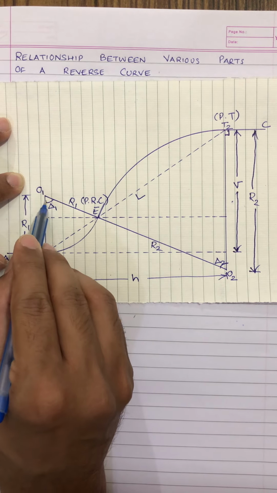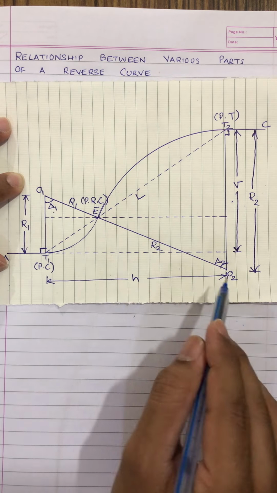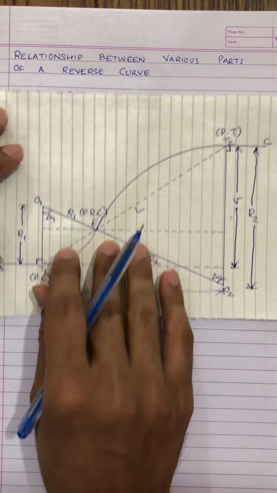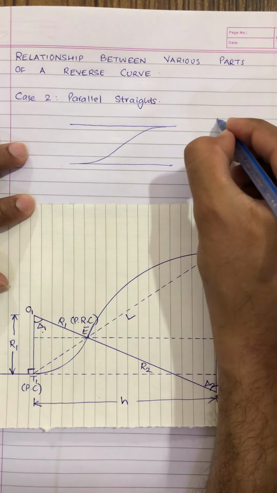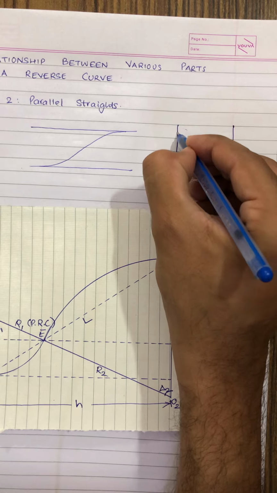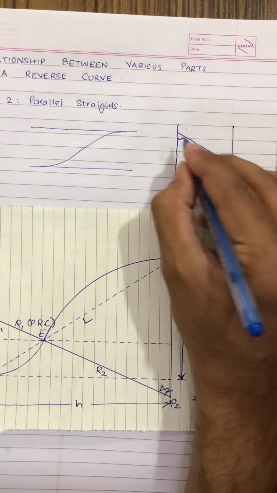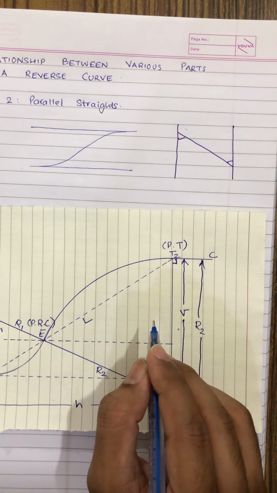So this angle, that is delta 1 and delta 2, both will be the same, because if there is a line like this and an angle is made like this, these two angles will be the same.